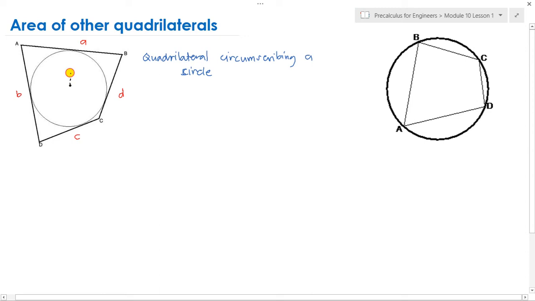Every projection to a side is always perpendicular. So this is R. With side D, the projection is also always perpendicular, still R. And for side C, the projection is always perpendicular, because side C is tangent to the circle. The same thing with side B, the radius projected is always perpendicular to the tangent.